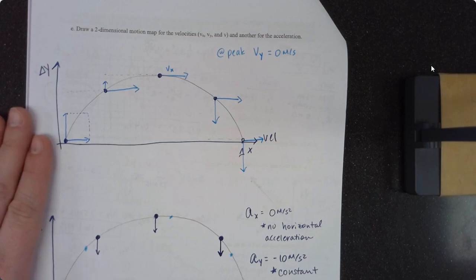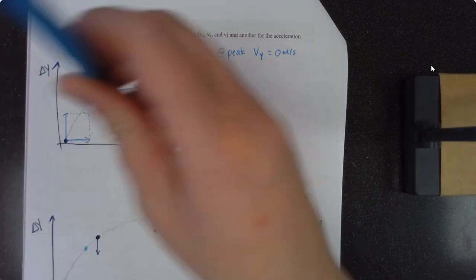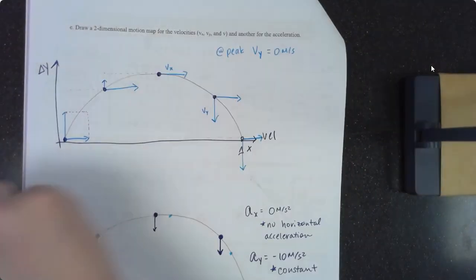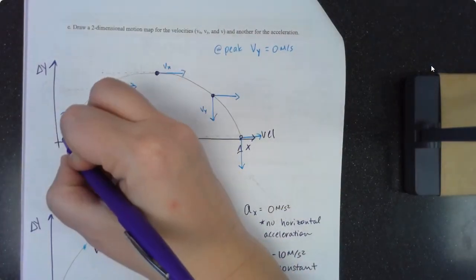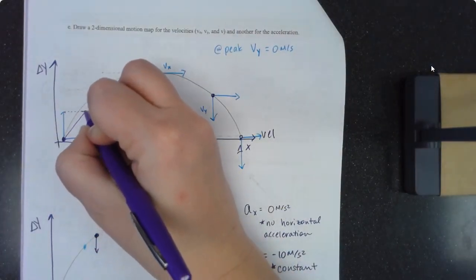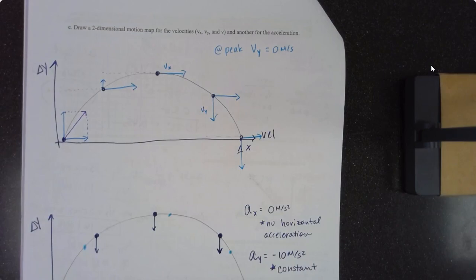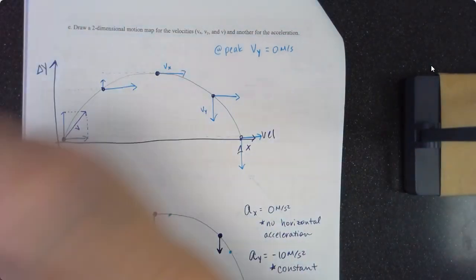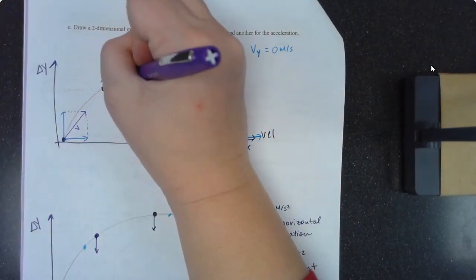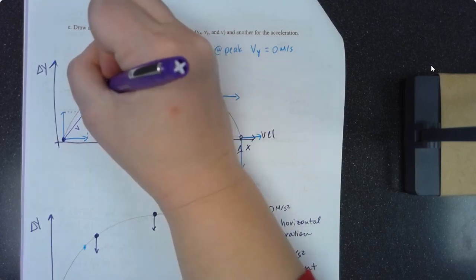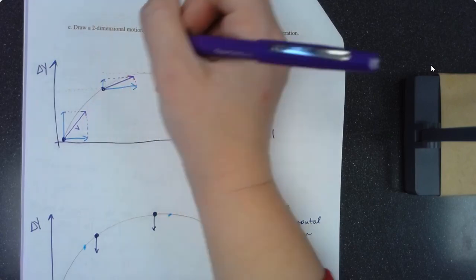And then I haven't been labeling very well. Here's our VYs. Our VYs are vertical. Then our total is going to be the sum of the two. And what happens if you draw those well is that they end up looking like the shape of the parabola.